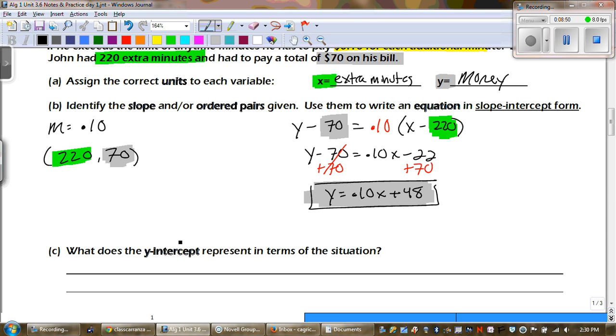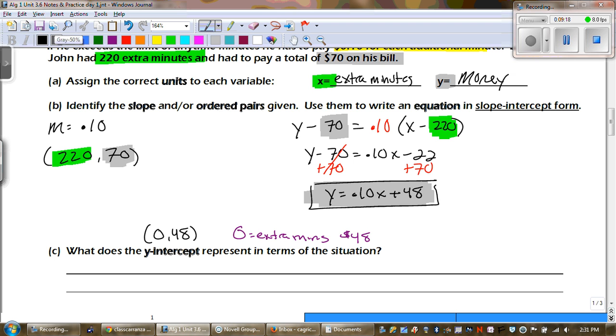Okay, so the next part is our y-intercept. Well, the y-intercept is 0, 48, because remember the y-intercept is right there. So what does that represent? Well, I'm going to do that same thing. So 0 is our extra minutes. 48 is the bill.